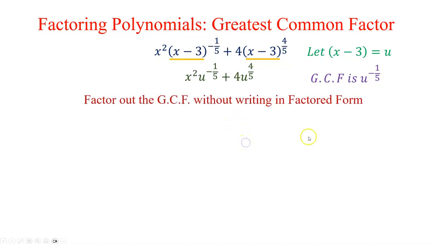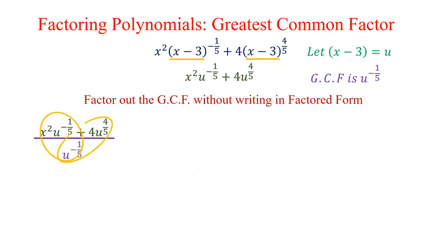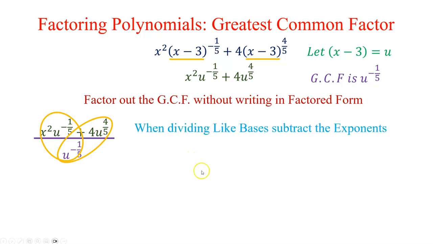And so, if this is my GCF, again, we're going to attempt to factor out the GCF without writing it in expanded factored form. Which means we'll take the original problem, and everything will be divided by our GCF. These two terms will be divided, and these two terms will be divided. Again, our rule says when dividing like bases, simply subtract the exponents.